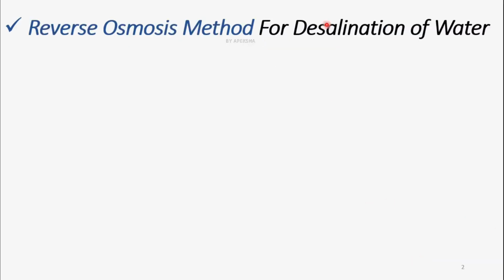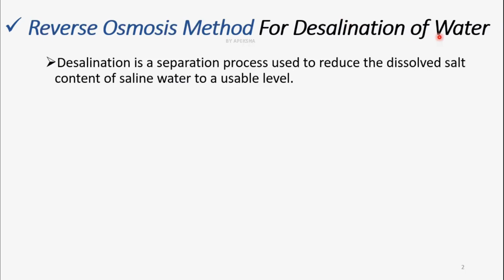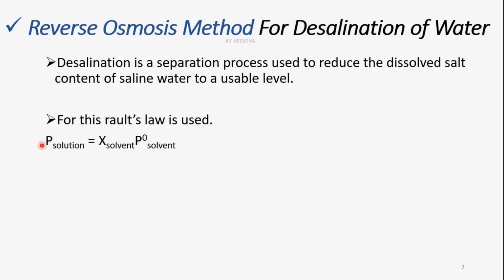Okay, so the reverse osmosis method is used generally for desalination of water. So what is desalination? Sea water is saline water, and this is the process used to reduce the dissolved salt content of saline water to a usable level. For this, Raoult's law is used.